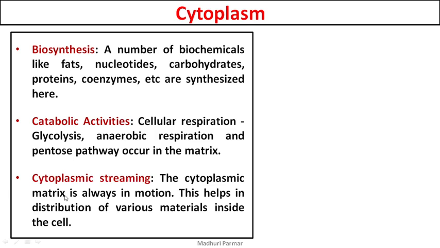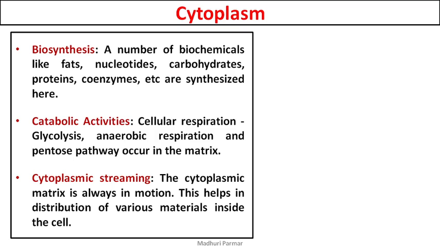Then cytoplasmic streaming. Cytoplasmic streaming means the cytoplasmic matrix is always in motion. Though you cannot see in a lot of cells, we will see a video now in which you can actually visibly see that the cytoplasm or the cytoplasmic matrix is actually moving. This matrix keeps moving so that all the material inside gets distributed evenly.